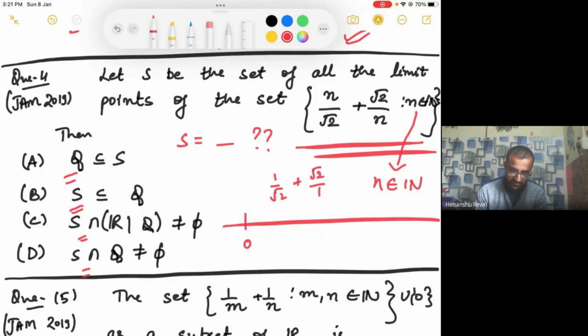So this is somewhere here. Then again put n equals 2. We have our set here. Again try to plot for n equals 3 and continue in this manner.